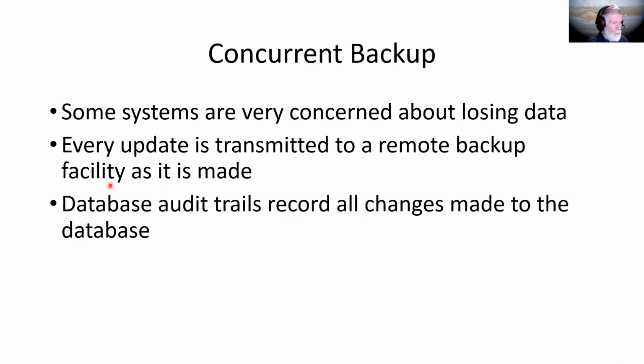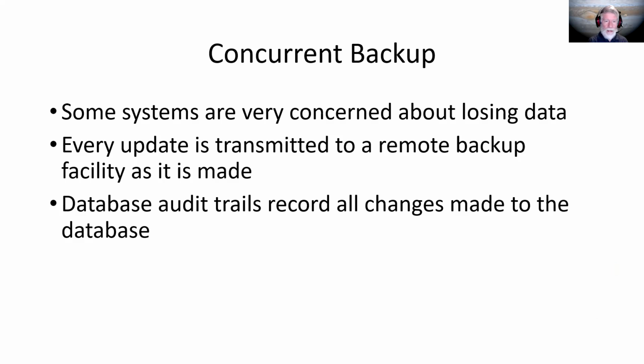I remember in a place where I used to work that every time the database was updated, they did an audit trail. In other words, the system wrote out what the record looked like before the change and what it looked like after the change. If they had a failure, they just reloaded the data from the latest backup, and then used the audit trail to restore it to where it was when it died.